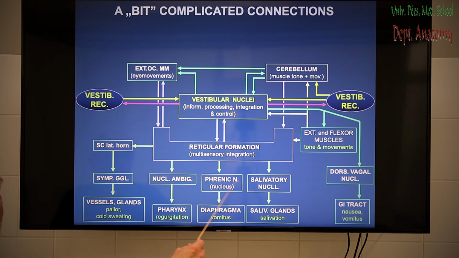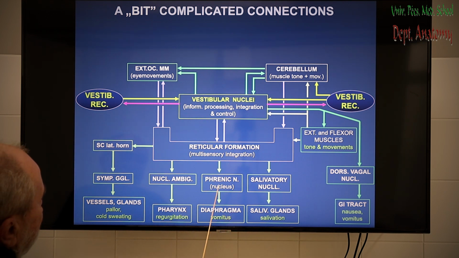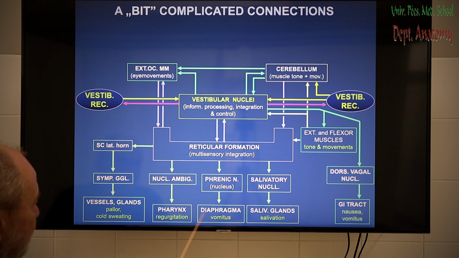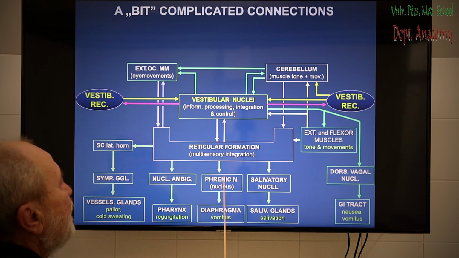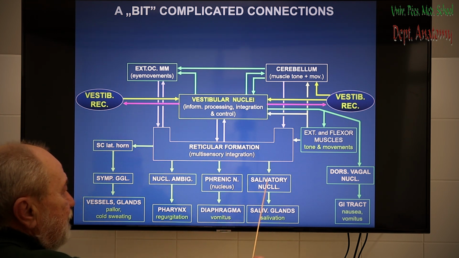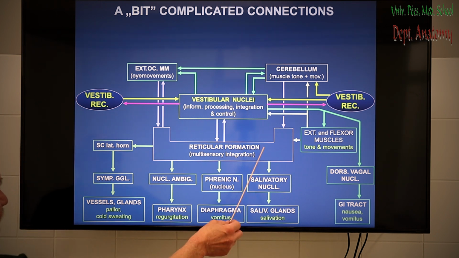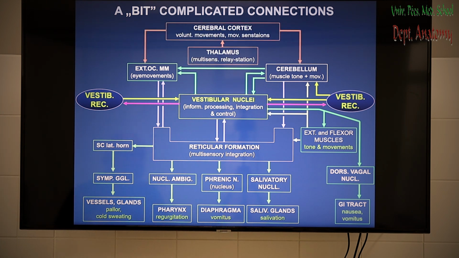It also has a connection with the nucleus of the phrenic nerve, and one of the actions of the excitement of this nucleus is vomiting, because the fibers initiate the contraction of the diaphragm. The reticular formation is also connected with the salivatory nuclei, so it has influence on salivation itself. Of course, this one is the parasympathetic way of stimulation.